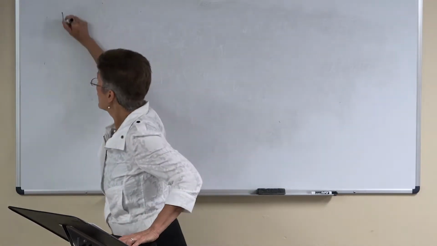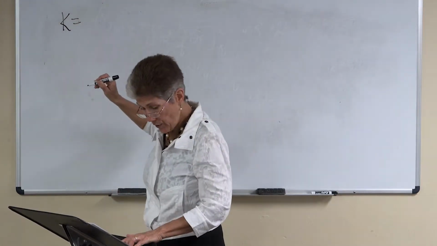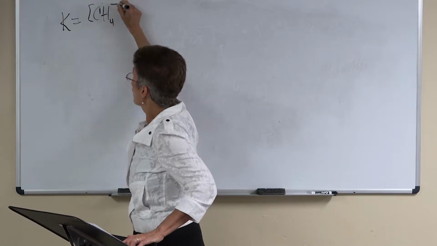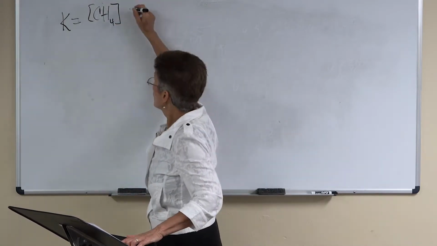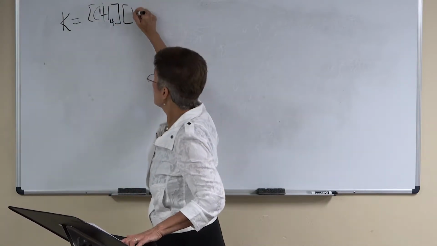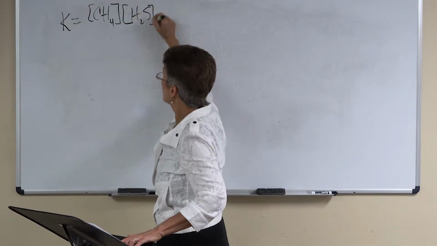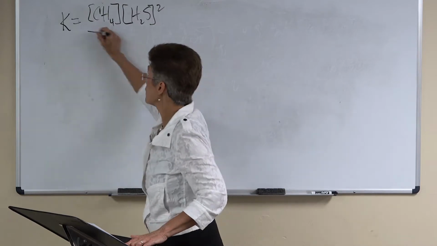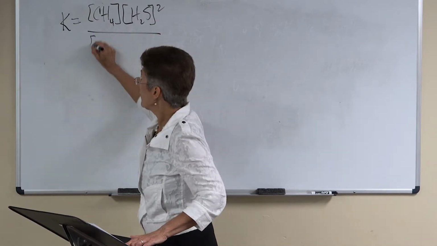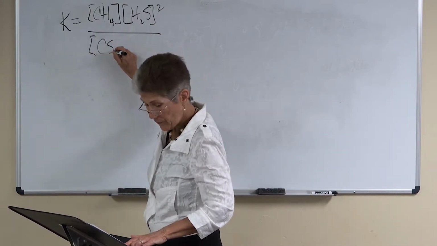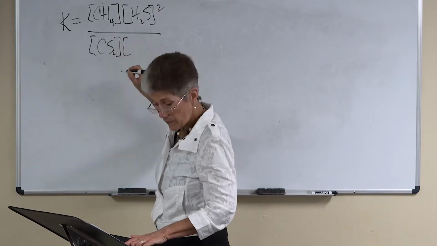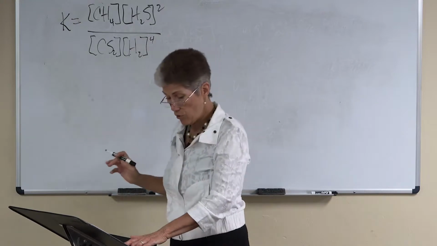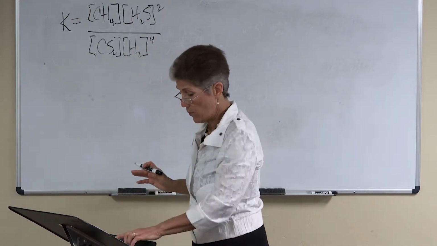So we have K equals, and there's no stoichiometric coefficient there. There is one for this one, so we're going to put it up here. All of these are gases, so they will all be kept. We will include them. And this one has a stoichiometric coefficient of 4, so it's to the 4th power.